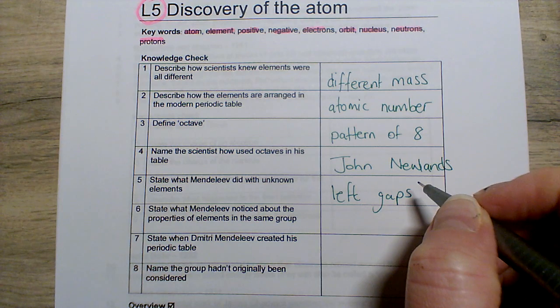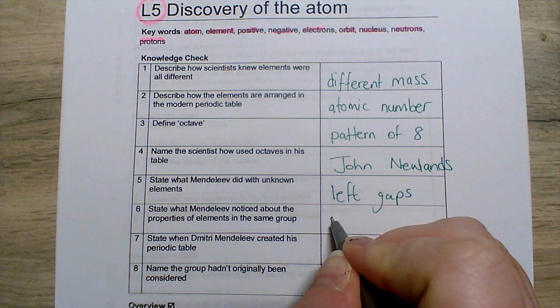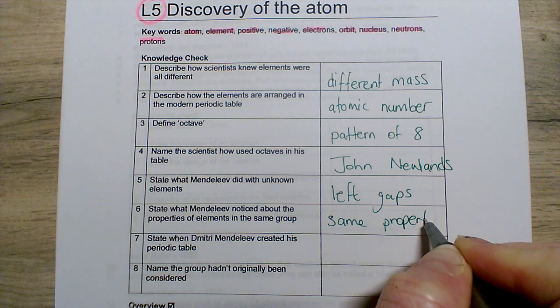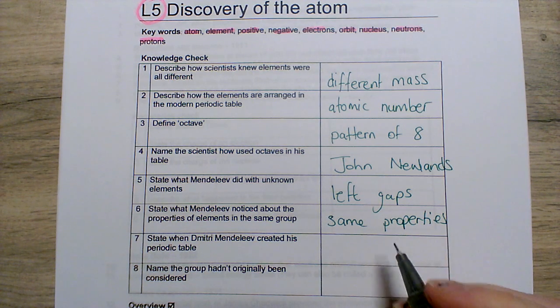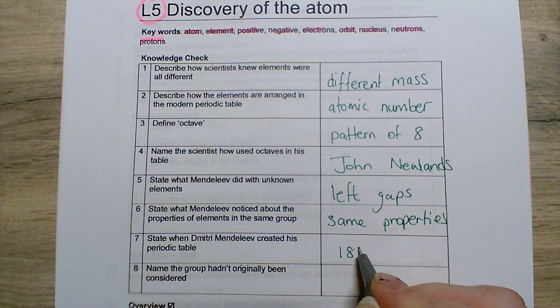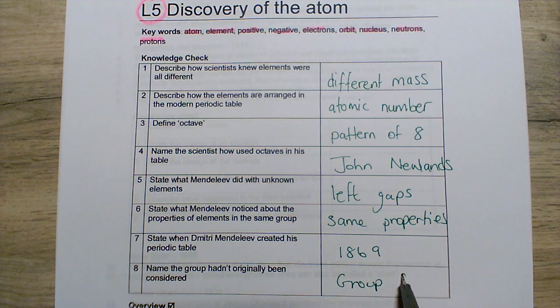Mendeleev noticed the properties were the same properties. He created the periodic table in 1869, and the group that wasn't originally considered was group 0. Give yourself a score out of 8.